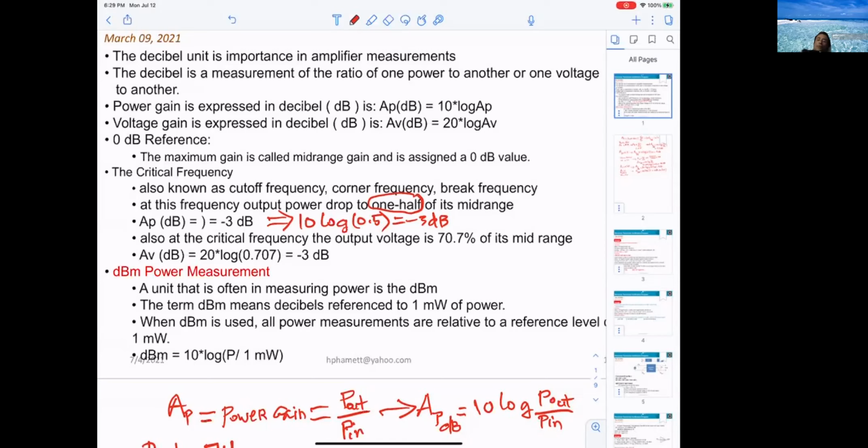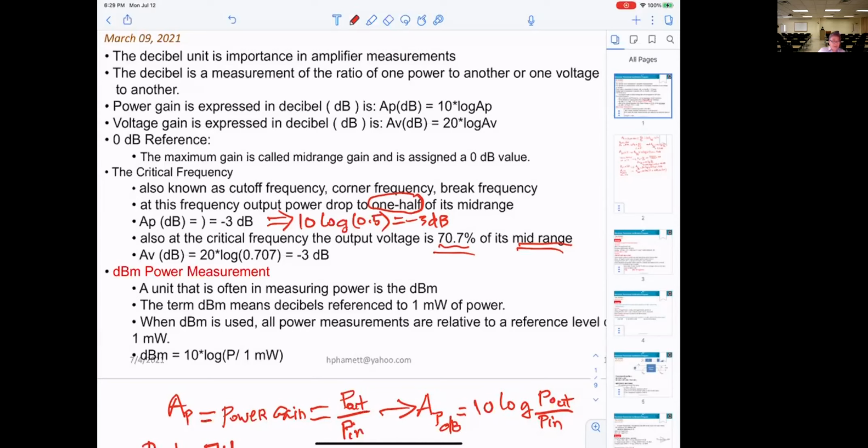Also, at the critical frequency, the output voltage will drop to 70.7% of the mid-range. If the output is supposed to be 10 volts, and now it drops to 70.7%, that means 70.7 times 10 divided by 100.